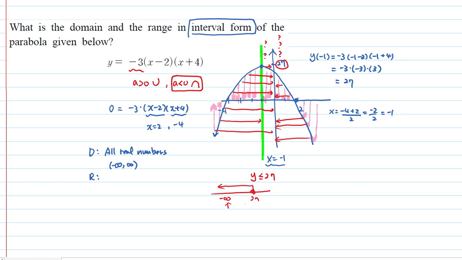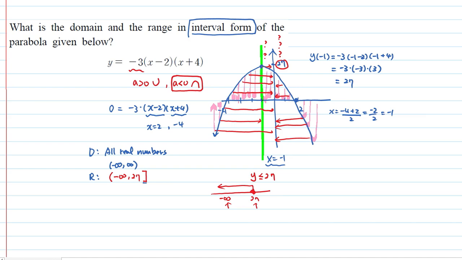You write down the starting point and the end point: -infinity to 27. Infinity always gets a round bracket. Now 27 is inclusive, so you put a closed or square bracket.